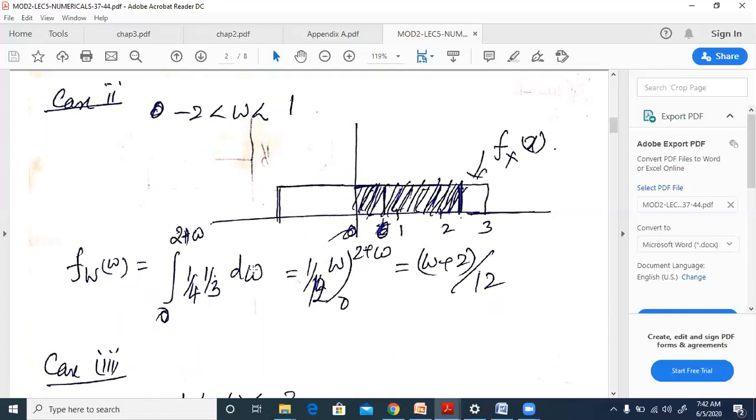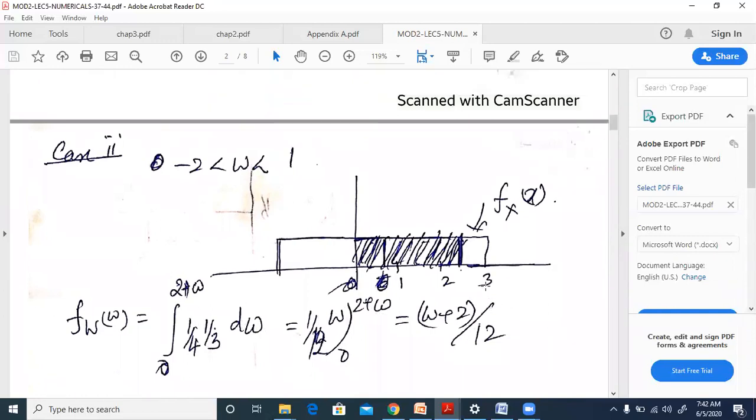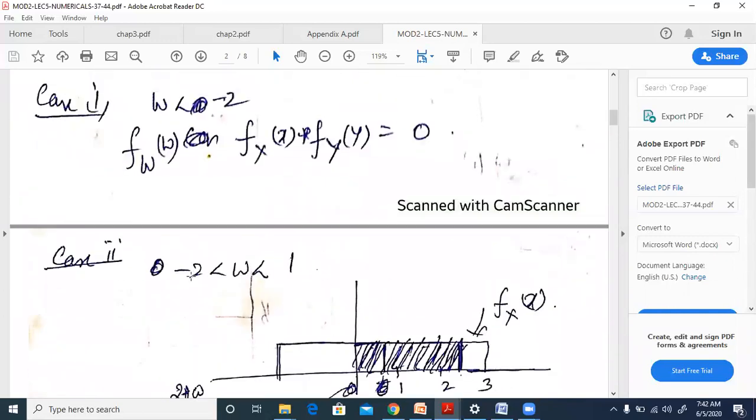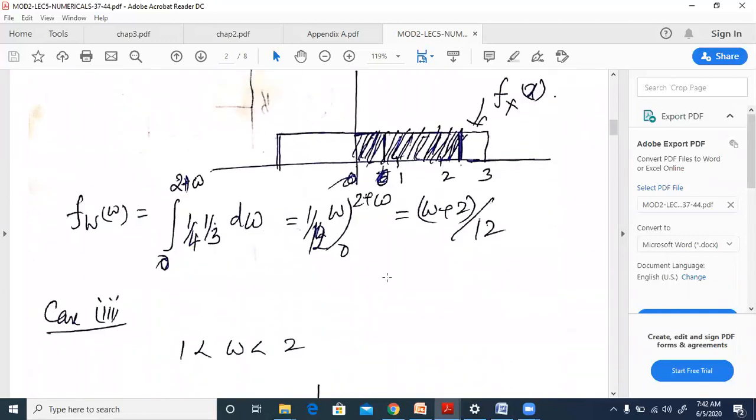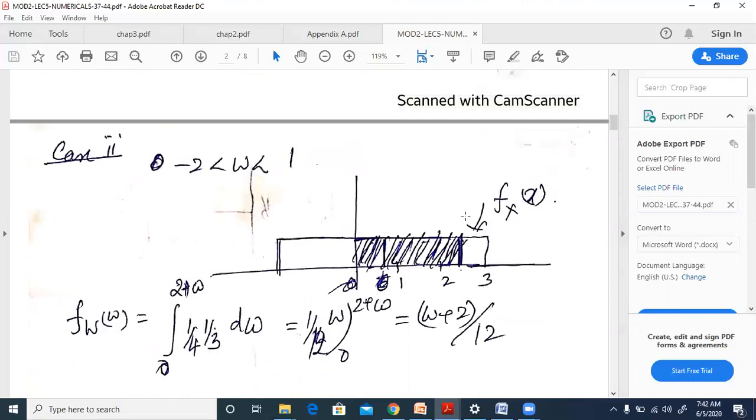The integral of dw will be w, from 0 to 2 plus w, which gives w plus 2 by 12. So between -2 and 1, the value of fww will be this. You can have dx here, dy here, or dw here, it does not matter at all.